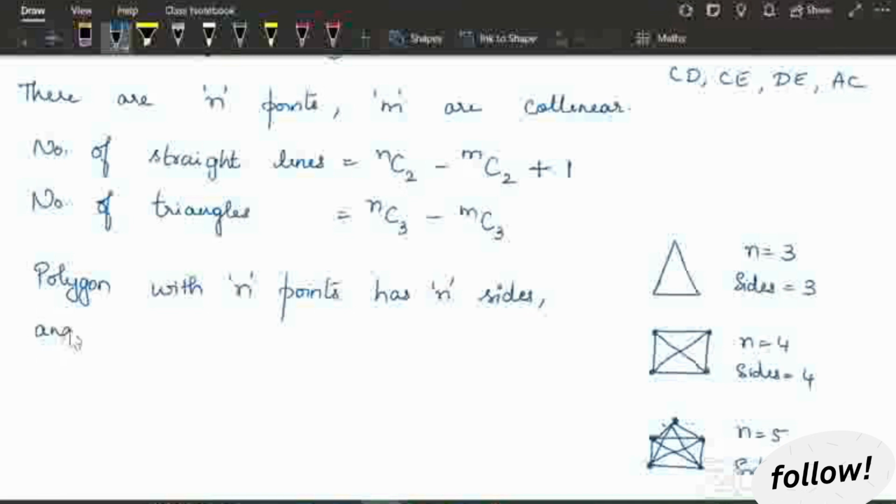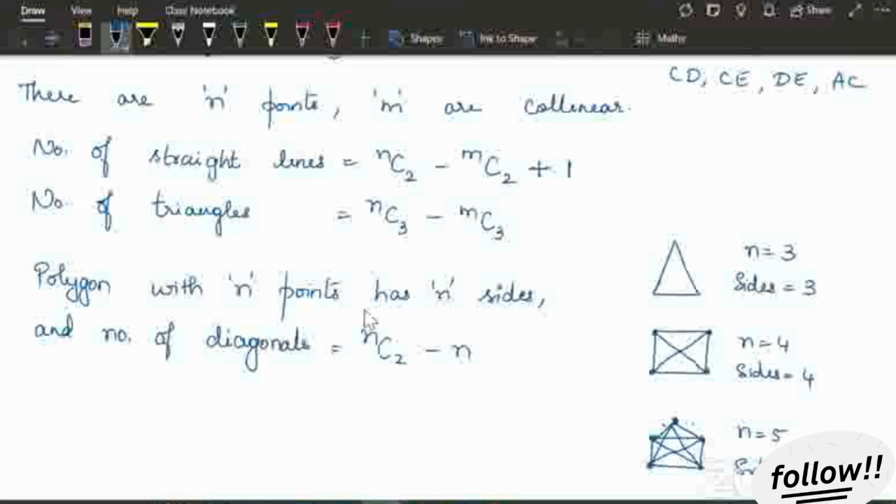And number of diagonals is equal to, what will be the number of diagonals? Whenever they give you a polygon, they will not mention collinear points, so we are going to assume there are no collinear points. So totally NC2 is the total number of lines. In this, n are external sides, remaining are diagonals. Out of n points, you can form NC2 straight lines.